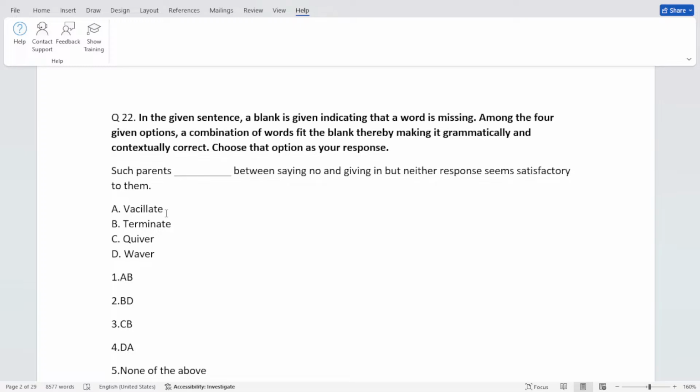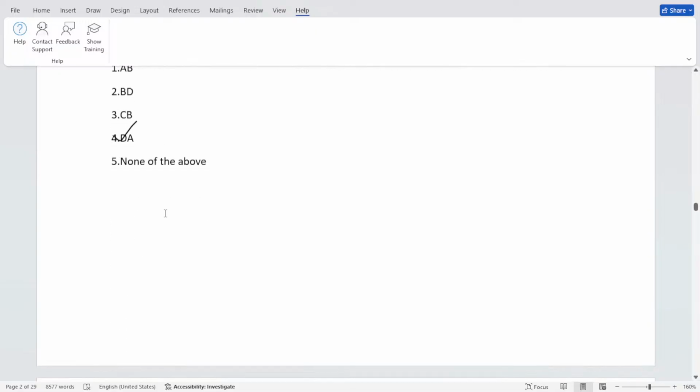They are not able to decide. So accordingly, D and A were the correct answer. Terminate means stop decision, and fever is nothing but here they are not in the mood. So accordingly, D and A are the correct answers.